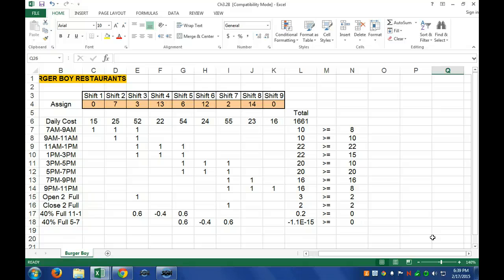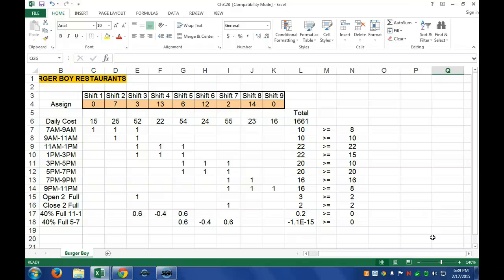They're all integers, you notice, counting numbers. Our daily cost is what we're minimizing. These first 8 constraints are all the constraints that we're saying, here's the minimum we have to have. Here's the one open, we have 2 full-time employees when we open, 2 full-time employees when we close. And then here's the constraint I just wrote for between 11 and 1, we have to have at least 40% full-time. I didn't do the one yet because it's the same logic. For the one we close, we have to have 40% full-time there as well.